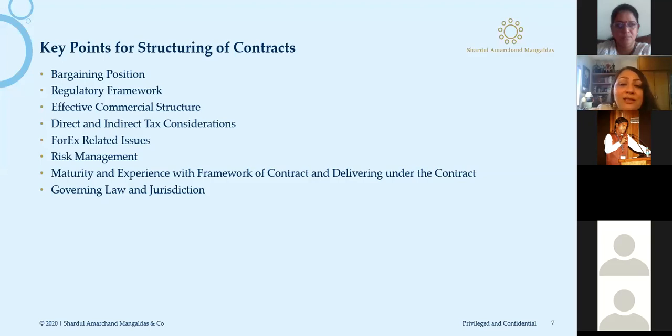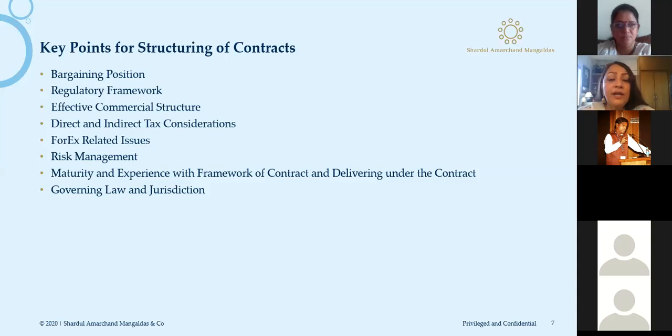Now in contracts, there are certain covenants which are positive, which means you have to do certain things, and there are certain covenants which are negative, you will not do certain things. So you need to be aware of both things, what you are going to do and what you are not going to do. Okay.